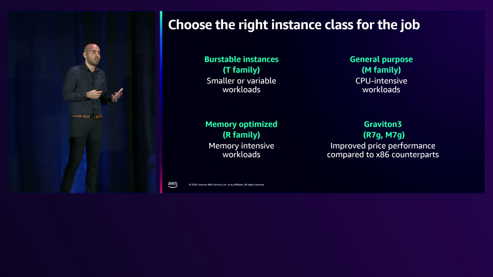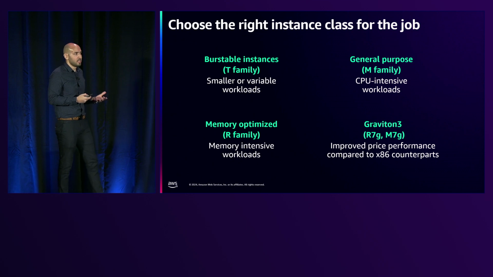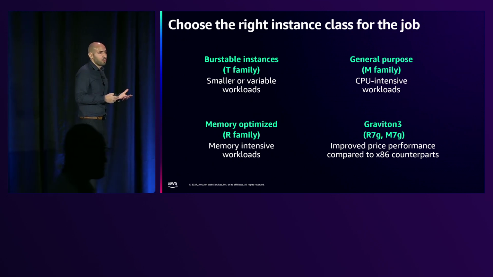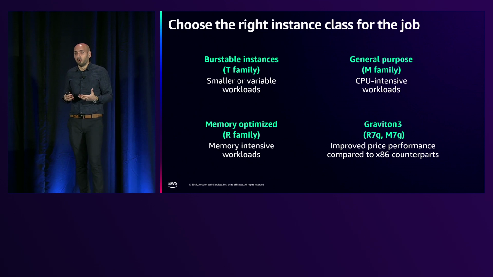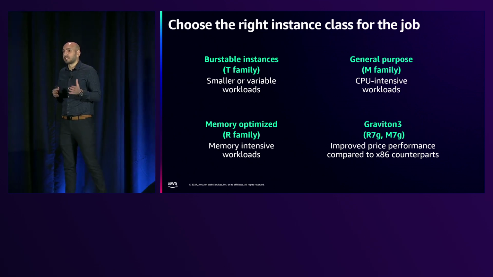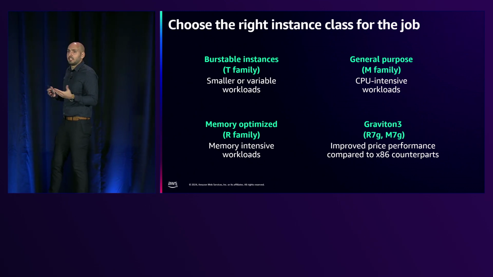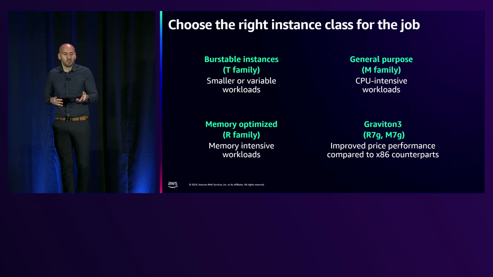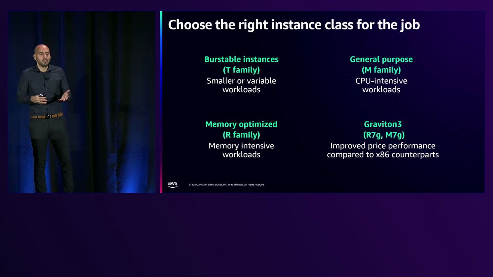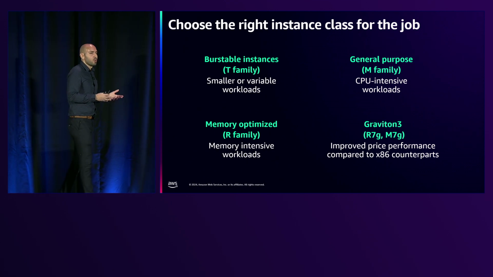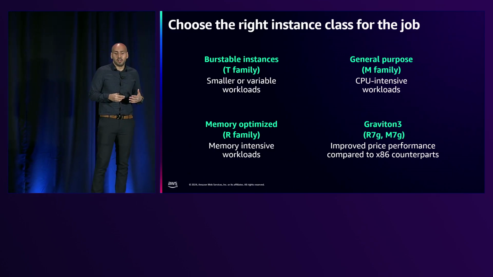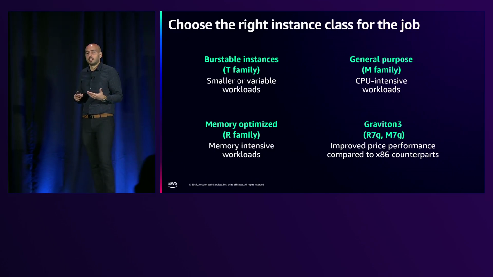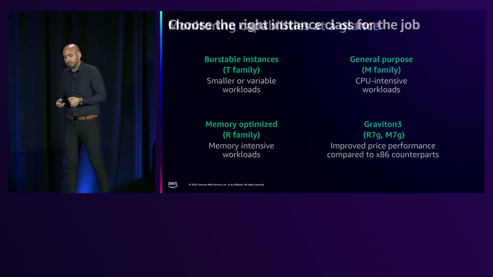Memory-optimized instances are great for memory-intensive applications. And Graviton, which is based on ARM architecture, provides improved price performance compared to x86 counterparts, making them ideal for various workloads. By the way, you see here Graviton 3, but we actually announced recently Graviton 4 support for Amazon RDS. So now we also have R8G and M8G support for Amazon RDS.